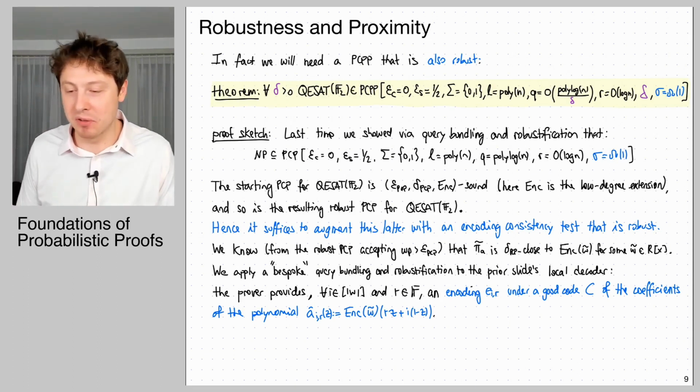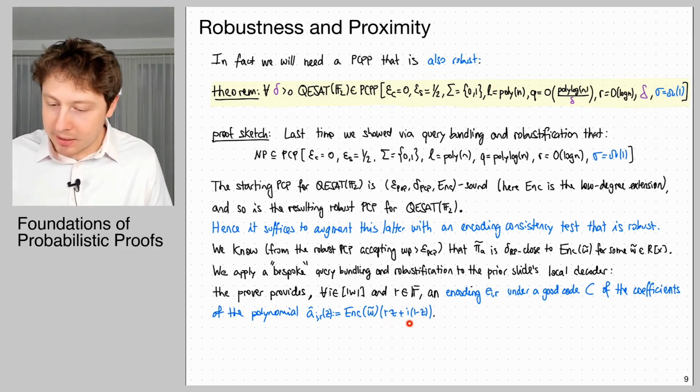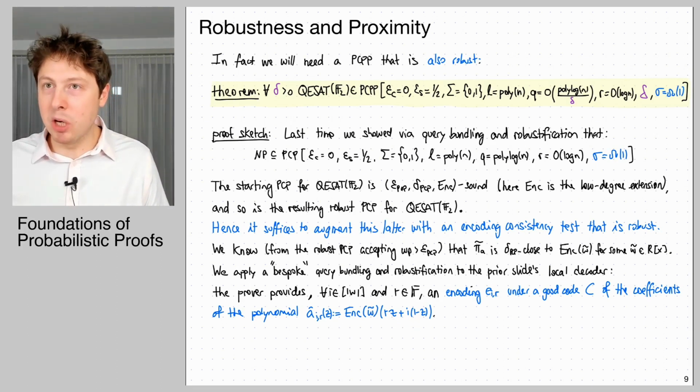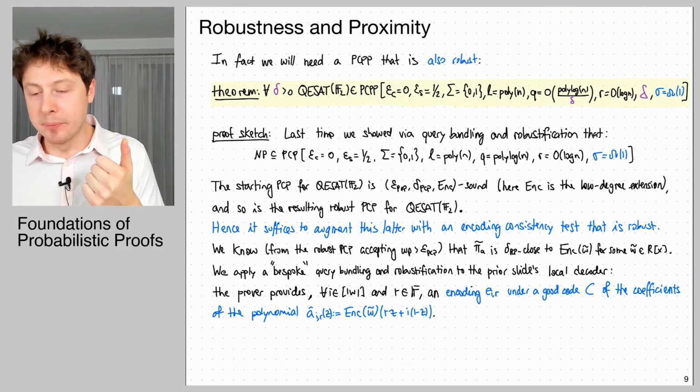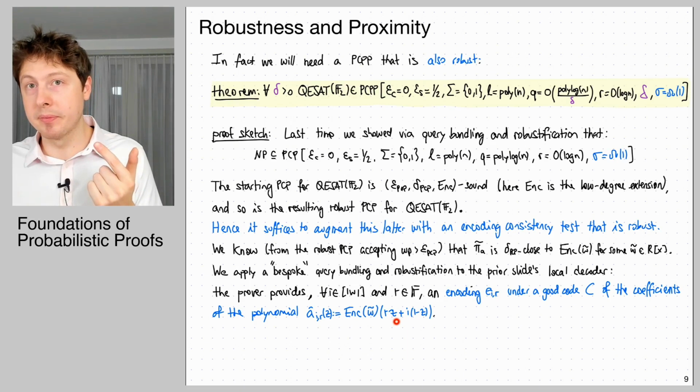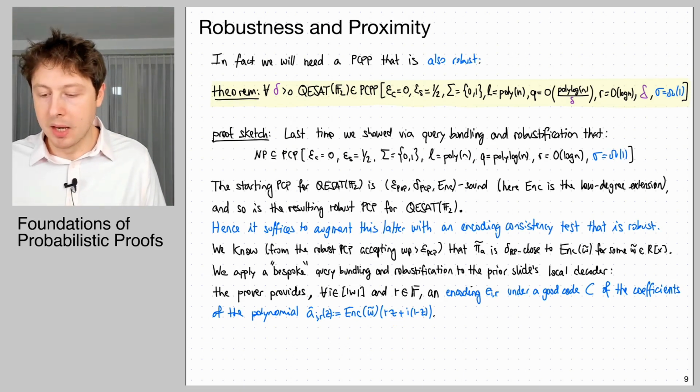So let's parse this for a moment. This one here is the polynomial that is equal to I at 0 and equal to R at 1, right? Good. So it's a random polynomial, okay?